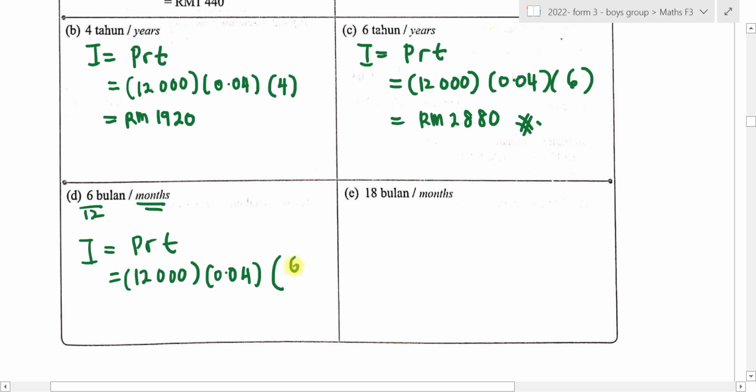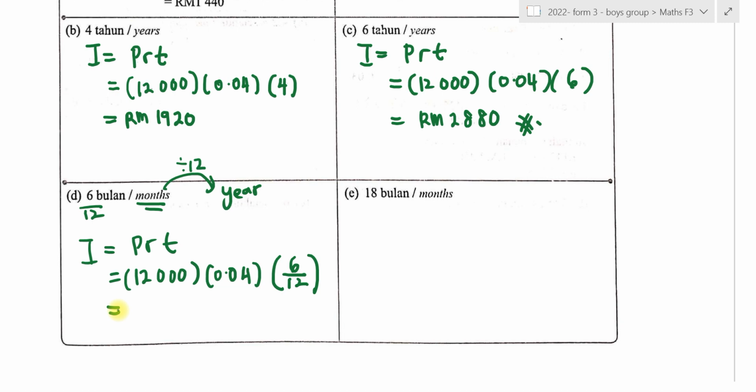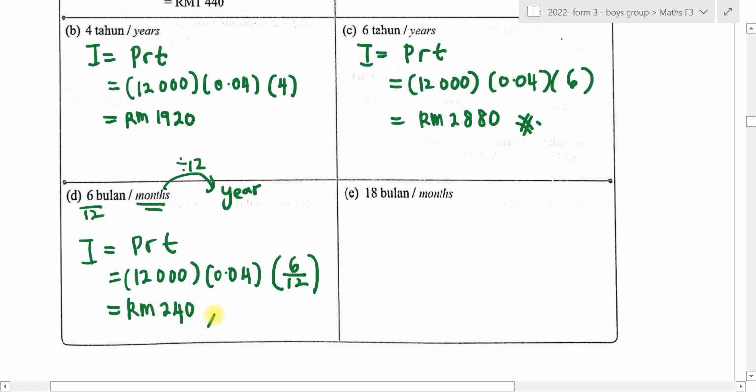Time is 6 months, so 6 divided by 12. To go from months to years, we must divide by 12. Remember that. How much is that, Aridev? 240. So for 6 months, it is only 240.